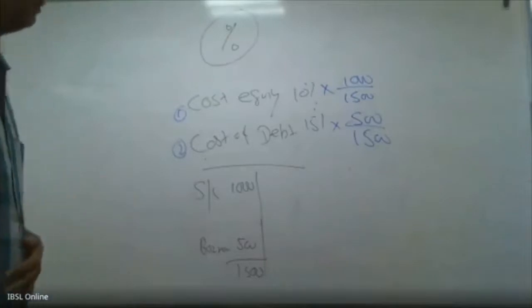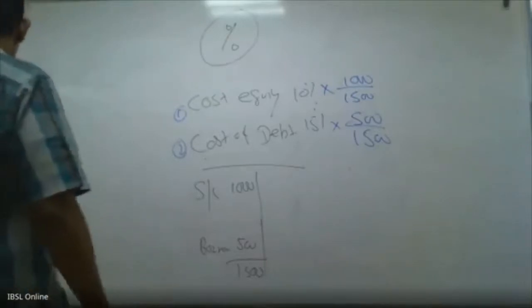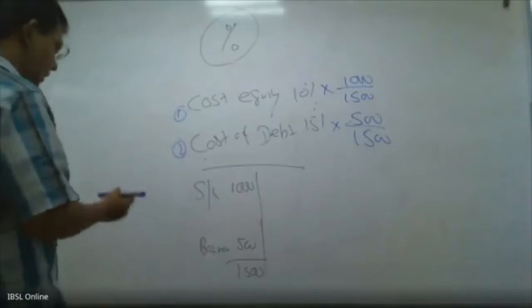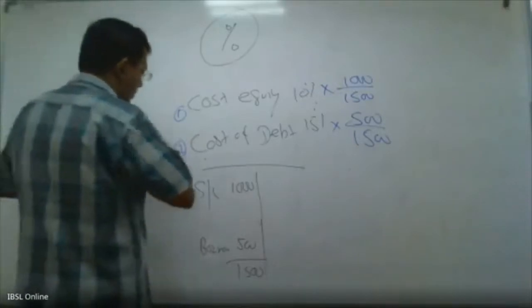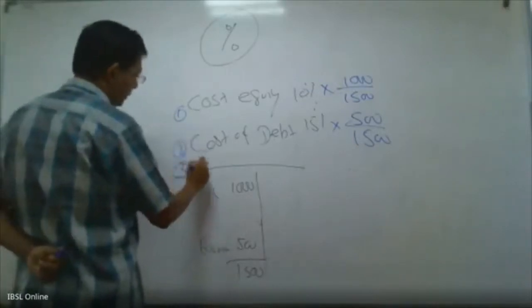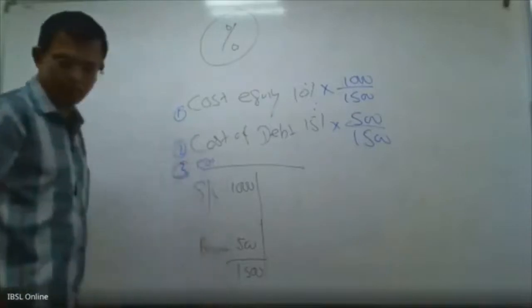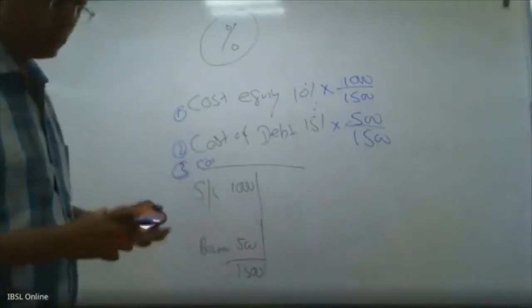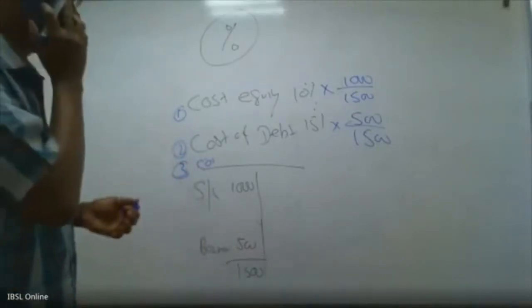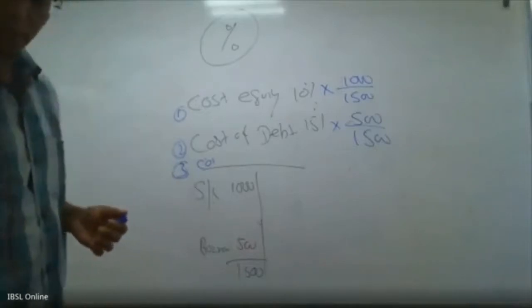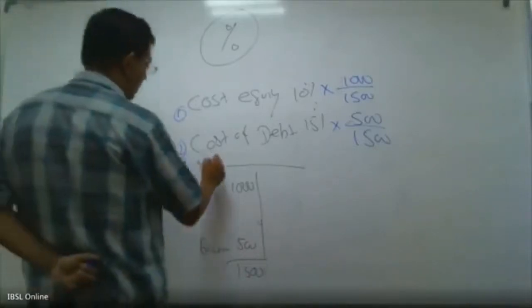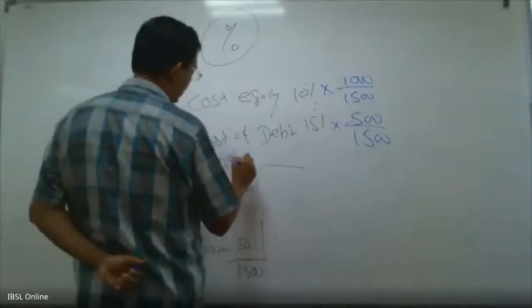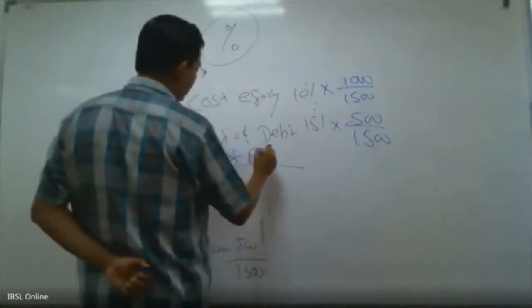So when you take a particular one, this is how you weigh. Now there may be some addition to this. This can be cost of preference shares as well.